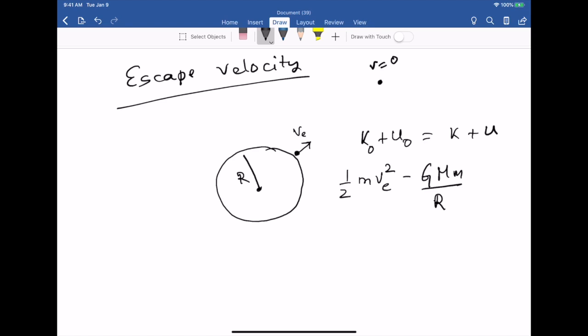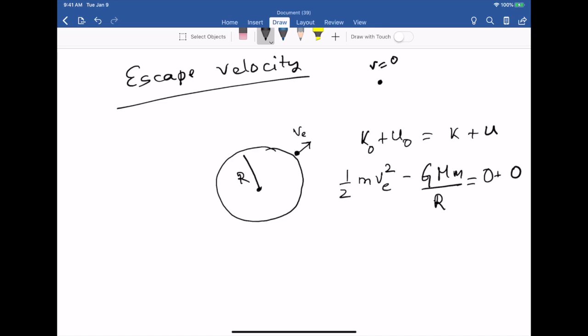Then when it gets to the final point, which is an infinite distance away, we are assuming that it just has zero velocity when it gets over there, right? So its final kinetic energy is zero. What about its final potential energy? We know that at infinity, when R is infinite, 1 over R tends to 0. So its final potential energy is also 0.